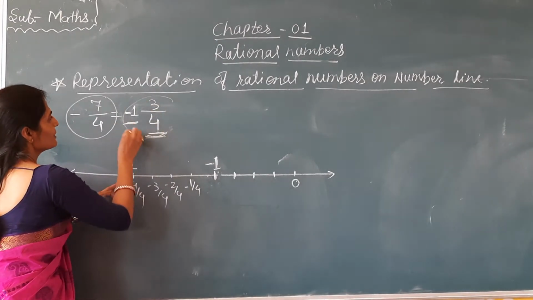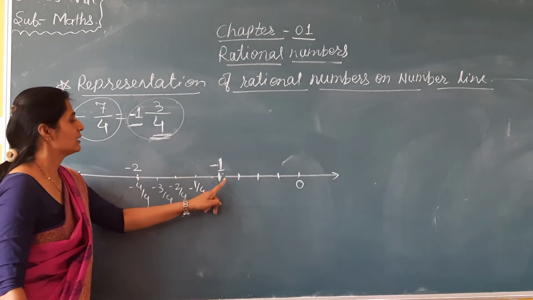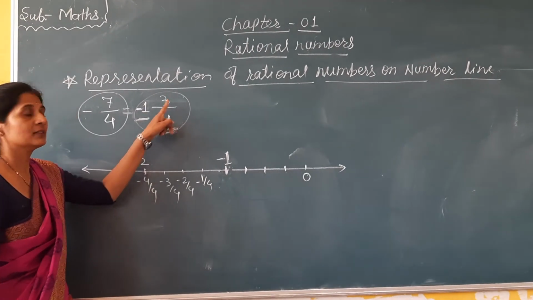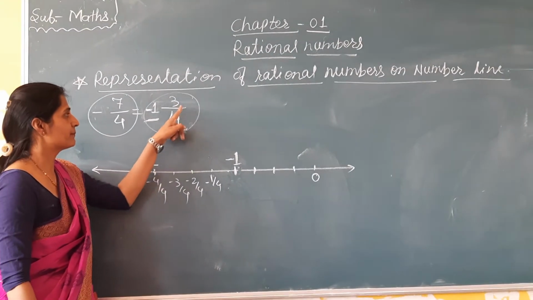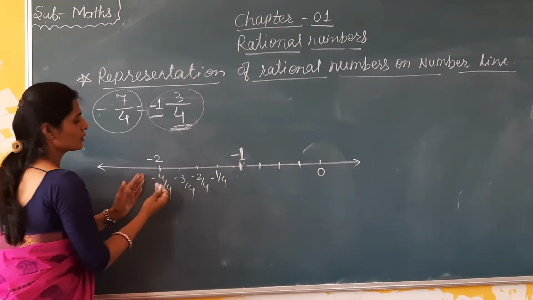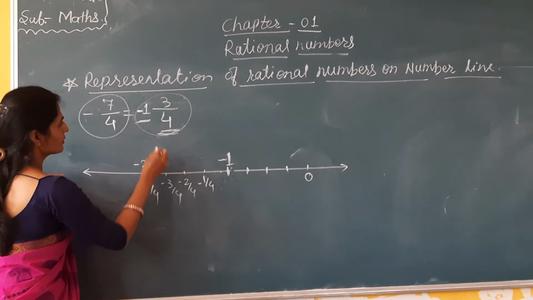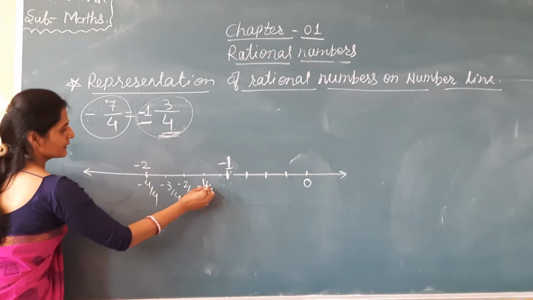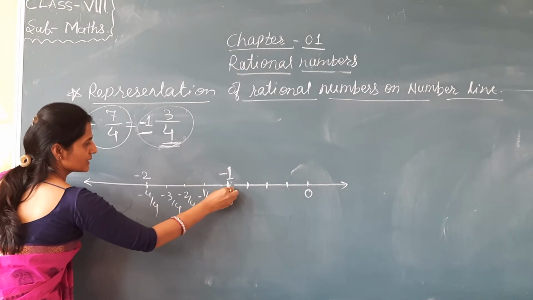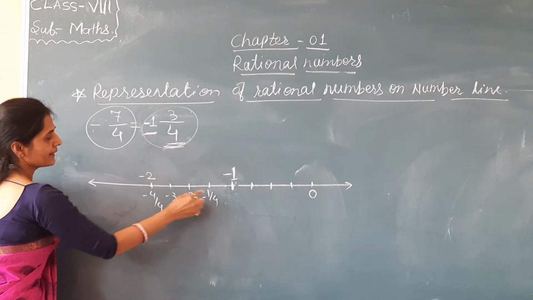ये नंबर किसके बीच में आएगा, 0 और -1 के बीच में आएगा क्या? नहीं, क्योंकि -1 के बाद आपको फ्रैक्शनल पार्ट भी है, 3 upon 4 भी है, तो ये आएगा -1 और -2 के बीच में. So -1 whole 3 upon 4. Then again after -1 you will divide this number line into 4 equal parts.